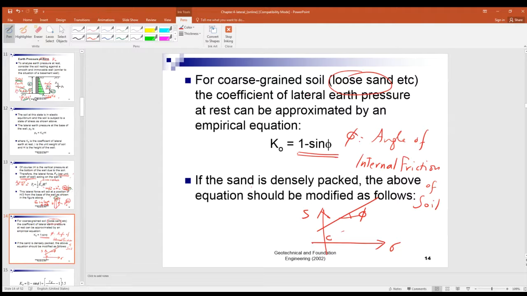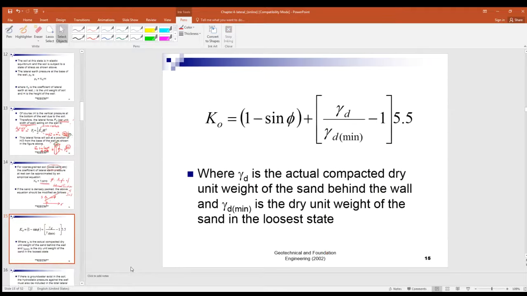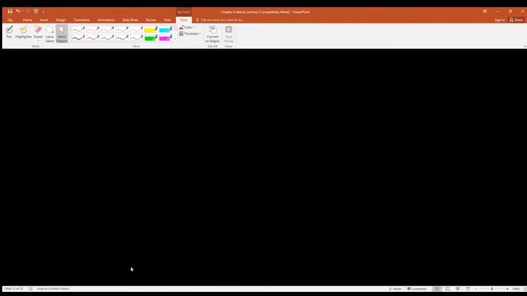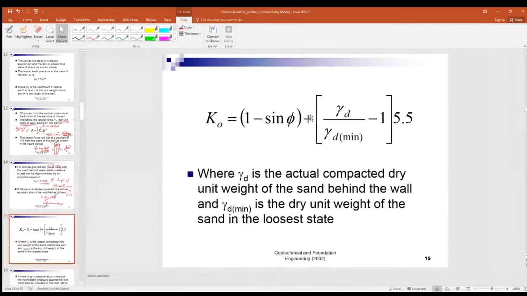What about if the sand is very dense? Then you have to apply a correction factor. Quite a very complicated equation. Gamma D. Now you need not memorize it. Just know something about it. That's good enough. Gamma D is the actual compacted dry unit weight of sand. It means it's a dense density.